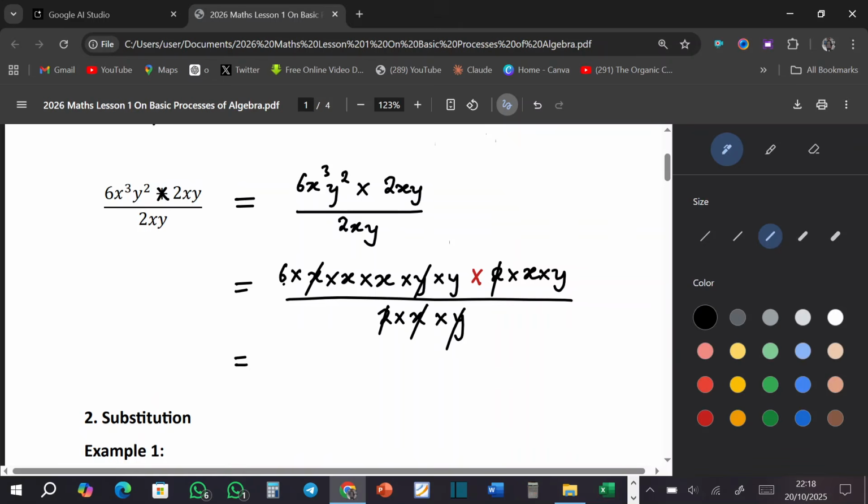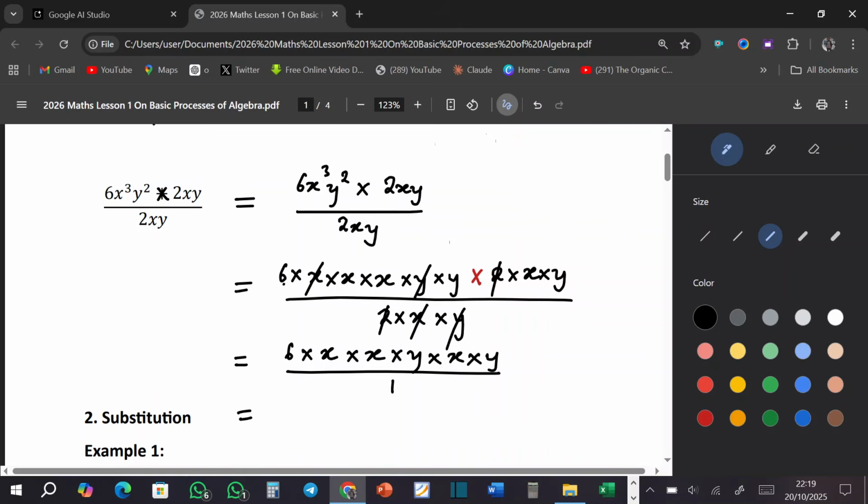We have 6 times x times x times y times x times y. Then down we have nothing, right? It means we have 1 because everything has cancelled.